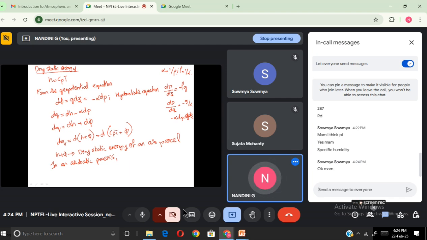So in an adiabatic process, when there is no heat supplied to the system or leaving from the system, the quantity Q will be zero. dQ will be zero.